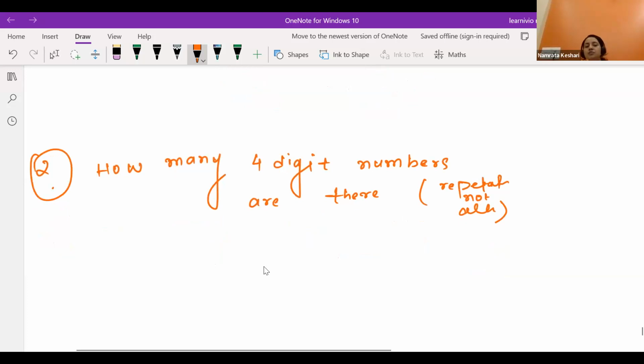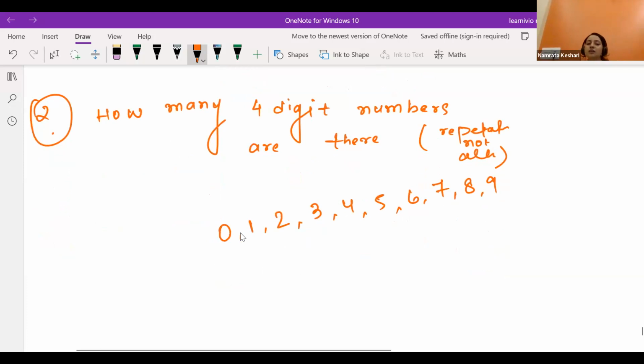How many digits are we having in total? 0, 1, 2, 3, 4, 5, 6, 7, 8, 9. Right, Alina? Yes, ma'am. We want to think about how many 4 digit numbers we want to create.